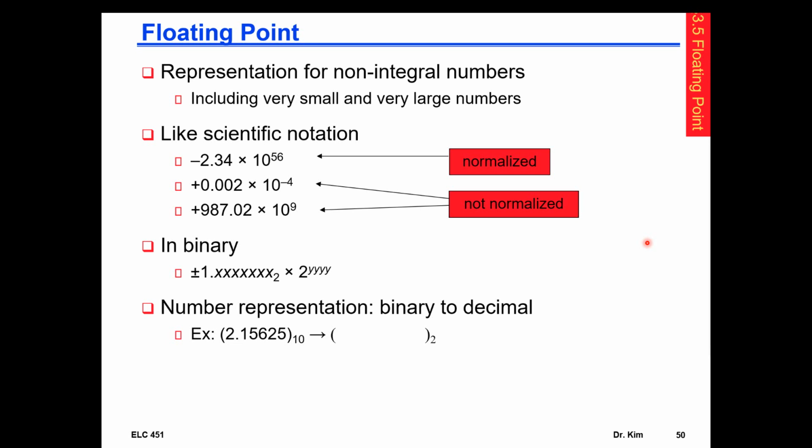Now for us, that's base 10, because that's the base that we count on. But for computers, since everything is binary at the hardware level, we're going to look at a format that uses a base of 2.